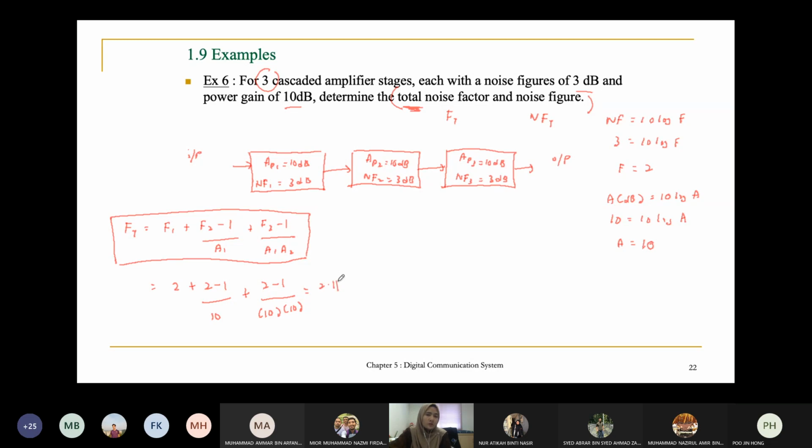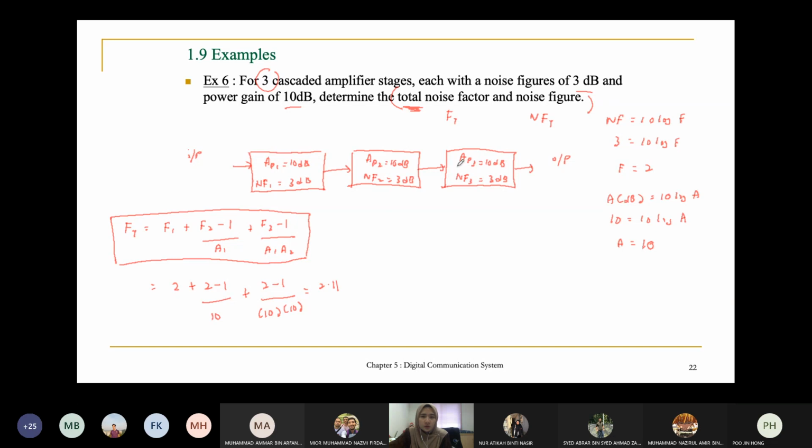Tapi kalau beza dia adalah disebabkan titik perpuluhan, saya bagi markah unless kalau awak salah kira dekat sini, then you will get the wrong, markah awak akan ditolak lah. Tapi kalau it is sebab the titik perpuluhan, then markah dia sama. Okay, so the answer is 2.11. This is the total noise factor.